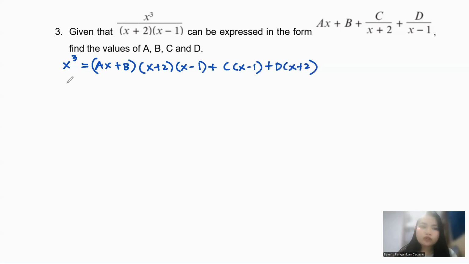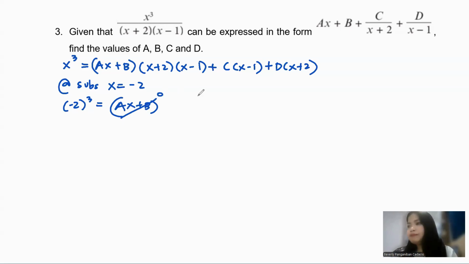My substitution is I will substitute x is equal to, I'll start with this one, which is negative 2. So negative 2 raised to 3. And then I know, you know what, the ax plus b will just be 0 because I know that this part will be 0. So the rest will be 0. Okay, I'm not going to put it step by step, but I'm hoping that you can get it.